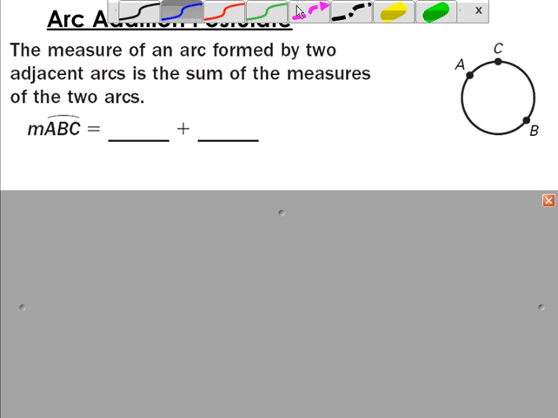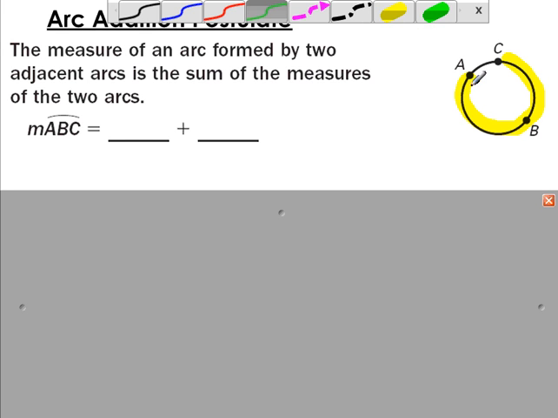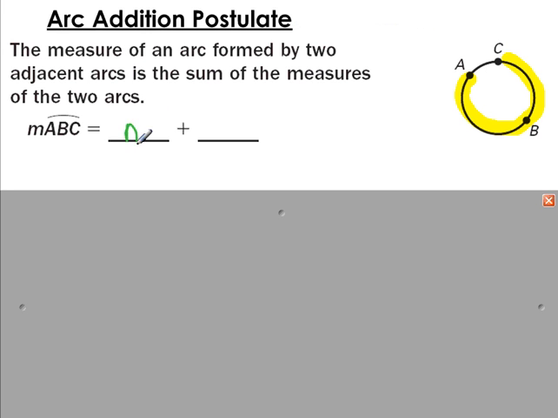So if I wanted to find the measure of ABC, I can look at the two arcs that make it, arc AB, this arc here, as well as arc CB. Arc ABC will be these two arcs added together.